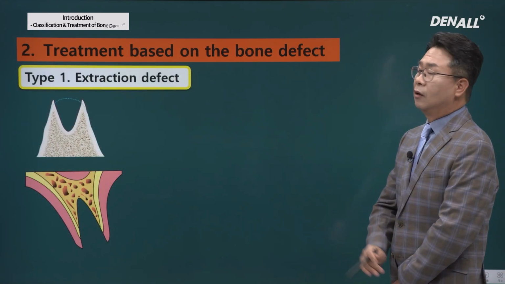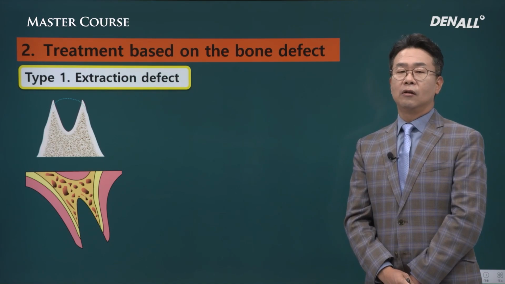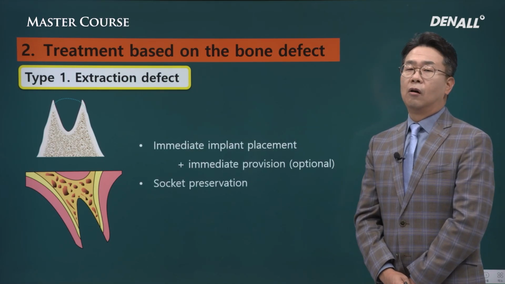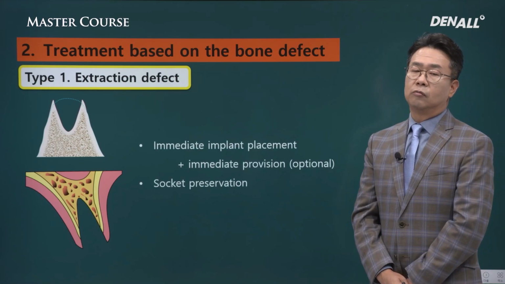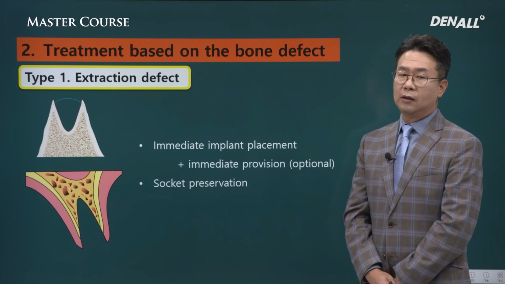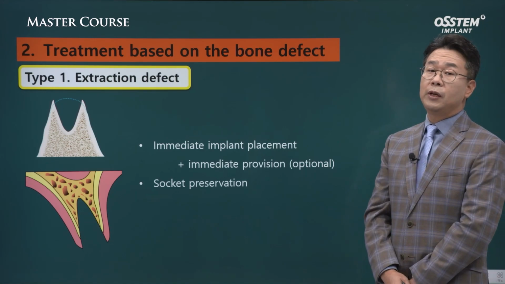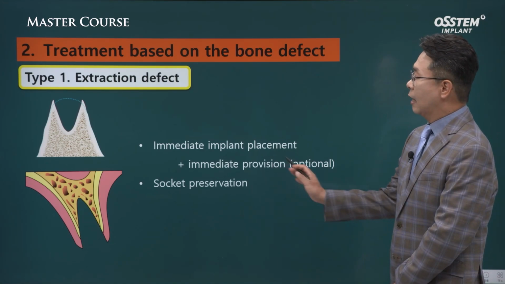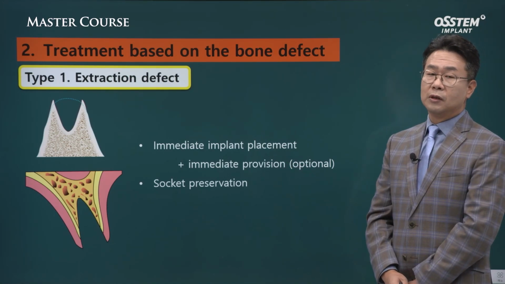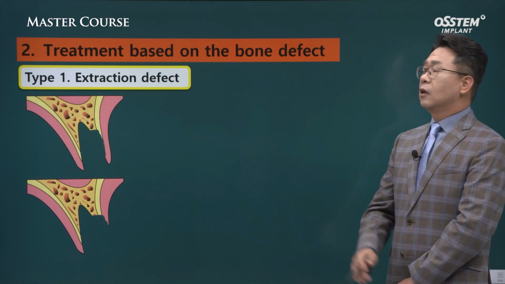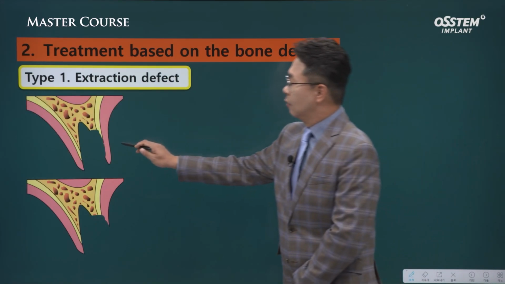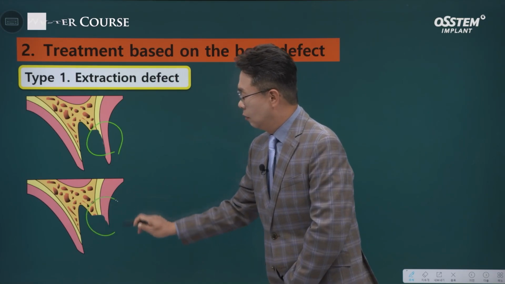We have made classification earlier. In the case of type 1 defect, if there's not a lot of bone deficiency, I do immediate implant placement and provide immediate provisional. I do this at times, and in other times I don't. I do socket preservation at times too. If there's deficiency, what should we do?